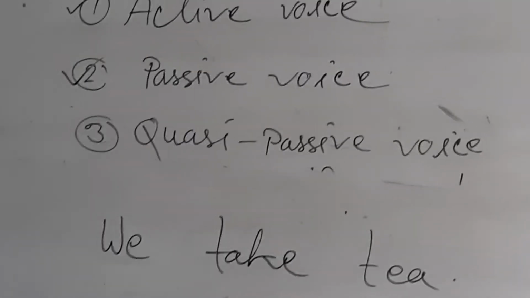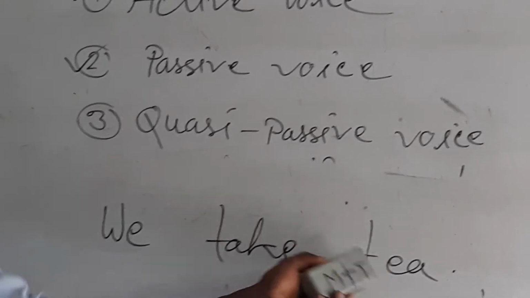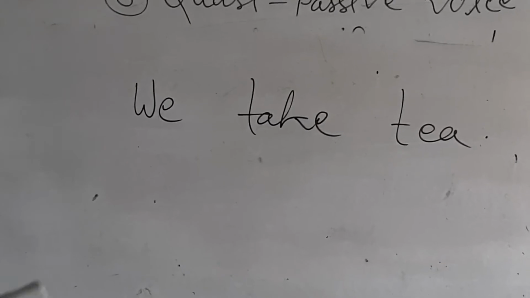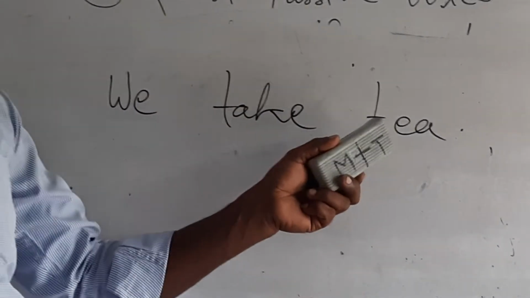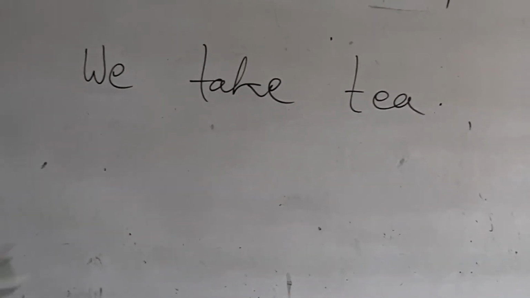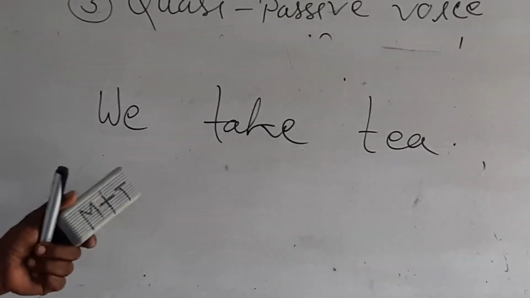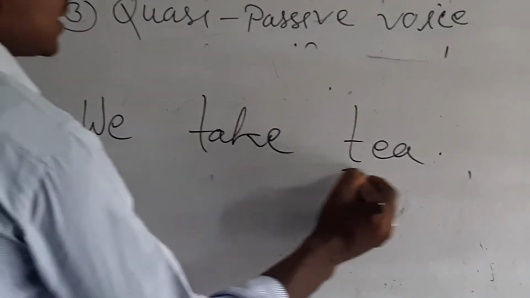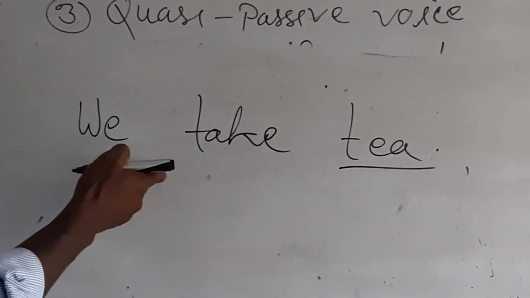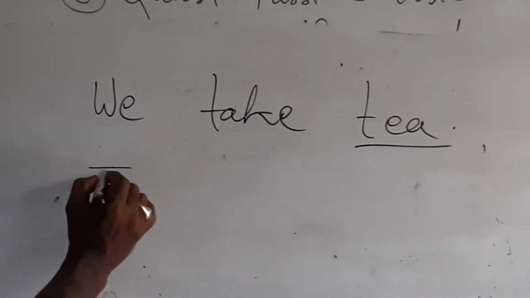At first we have to take the object as the subject in the passive voice. The object of the active voice comes as the subject in the passive voice. Here the object is tea. So if we change this sentence into passive voice, we have to take tea as the subject.